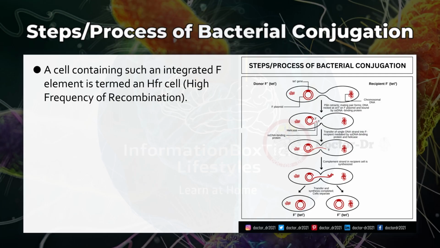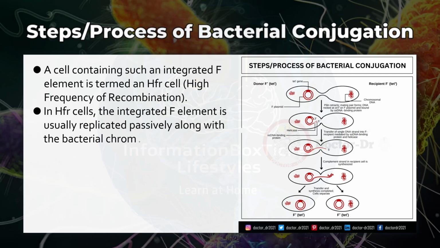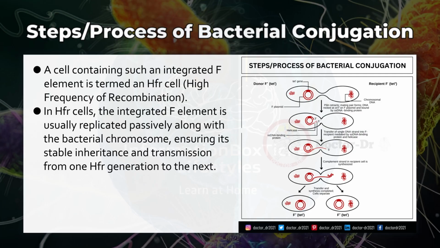A cell containing such an integrated F element is termed an HFR cell, high frequency of recombination. In HFR cells, the integrated F element is usually replicated passively along with the bacterial chromosome, ensuring its stable inheritance and transmission from one HFR generation to the next.